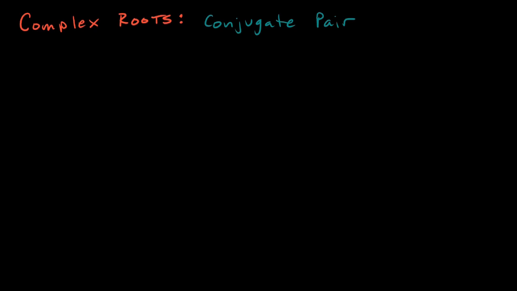Why do we know this is going to be the case? Well, suppose our characteristic polynomial looks like ar squared plus br plus c, right? And then we're going to have that equal to 0.